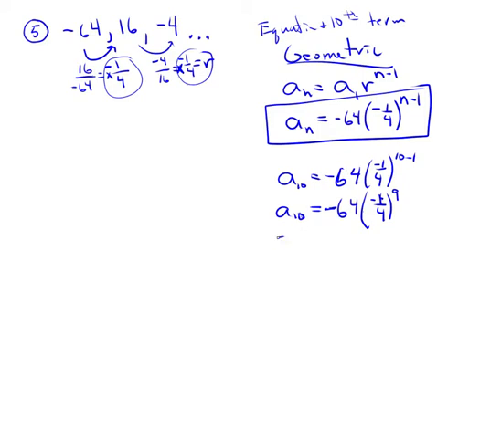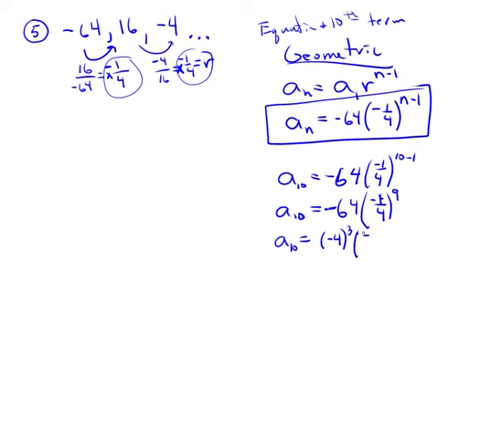I'm going to use exponent properties here. 64 is 4 to the 3rd power, because I've already thought about that in previous ones. So that would be negative 4 to the 3rd power, because it still makes it negative here. I'm also going to use my exponent properties of quotients.